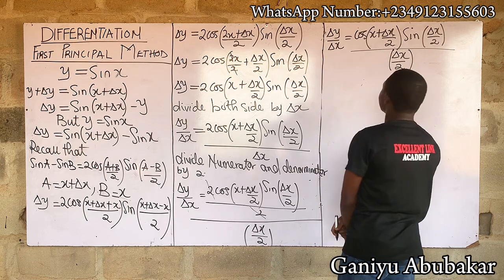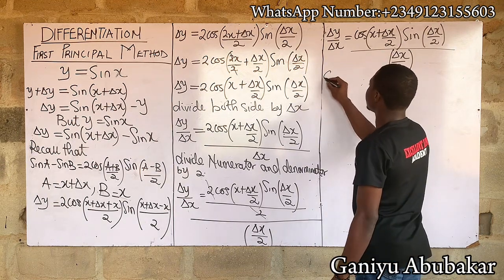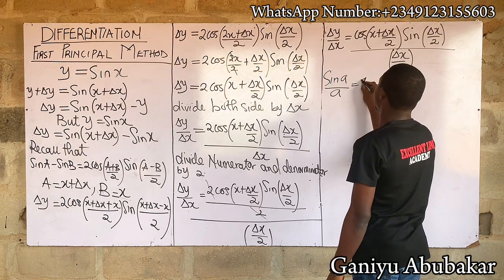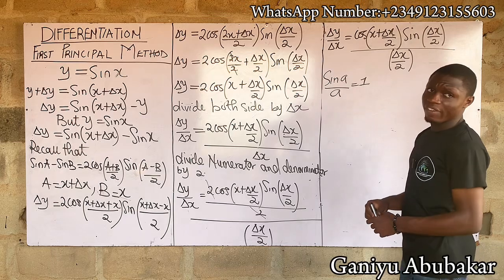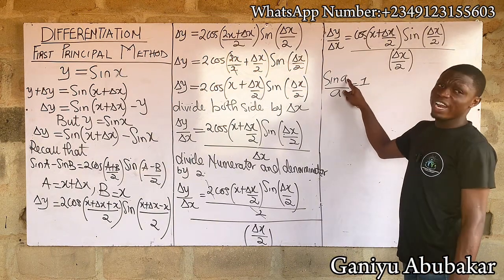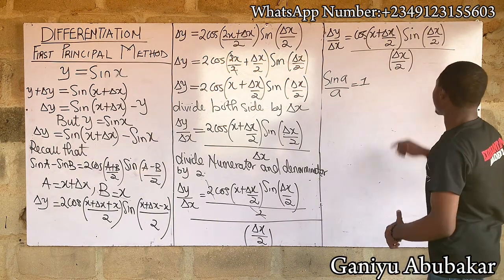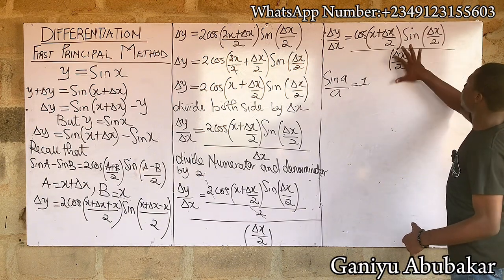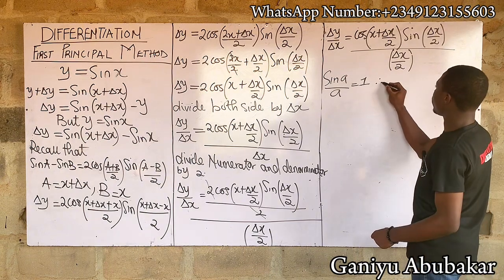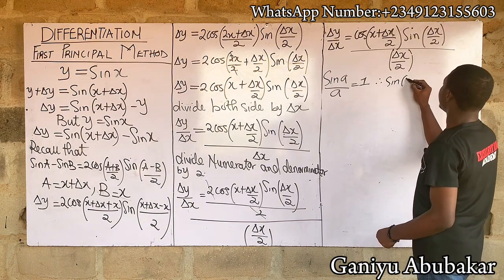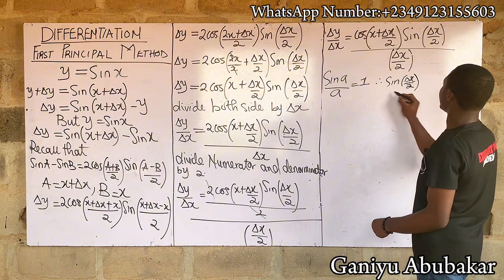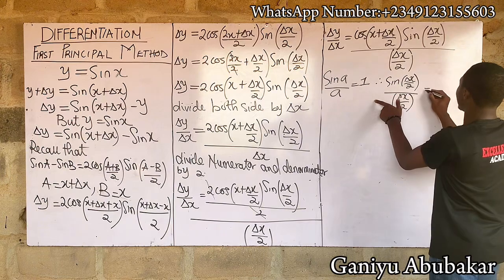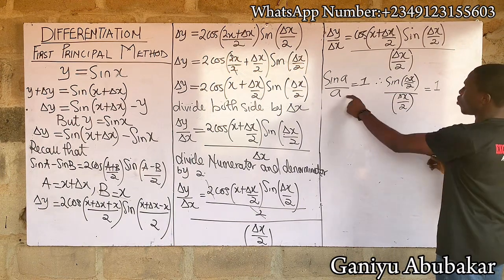Now mind you, if I have sine a over a, of course my answer is 1. What does it mean? If I have sine of something over that same thing, my answer is 1. So this sine of (change in x over 2), all over change in x over 2, is now just 1 from this concept.